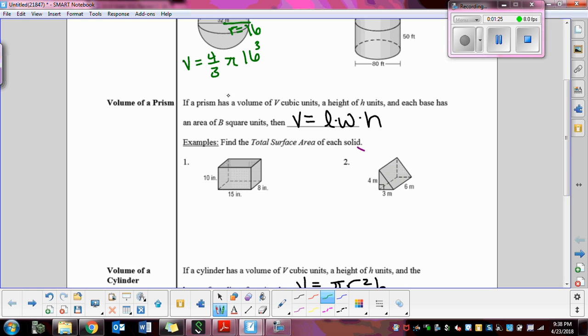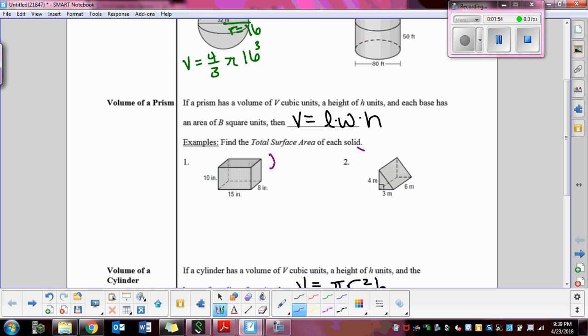So it says volume of a prism. If the prism has volume in cubic inches and the height of each units, this is our formula for volume of a prism. We're going to multiply the length times the width times the height for the rectangular prism. It doesn't really matter what we make our length, our width, or our height, because we're just going to multiply them together.